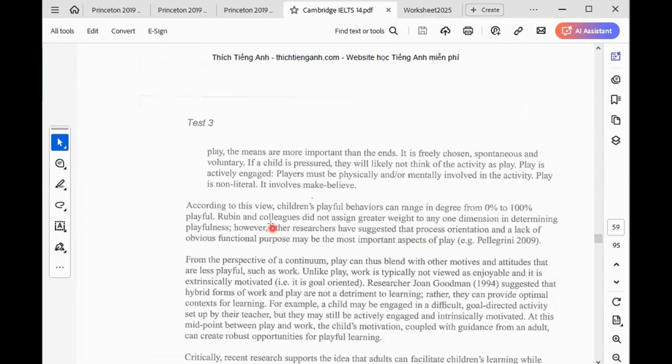Okay, hold on. Other researchers have suggested that process orientation and lack of obvious functional purpose. Okay, work. Unlike play, our answer is going to be here. Unlike play, work is typically not viewed as enjoyable and it is extrinsically motivated.